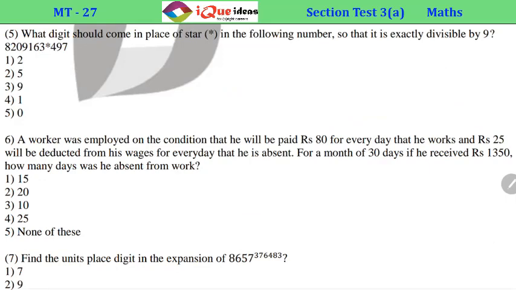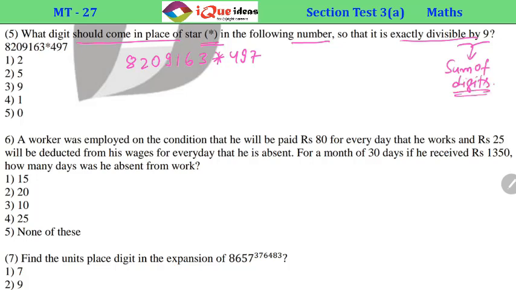Now the fifth question: what digit should come in place of the star in the following number so that it is exactly divisible by 9? So it is 8209163 star 497. The divisibility test of 9 is the sum of digits. The sum of digits should be divisible by 9.